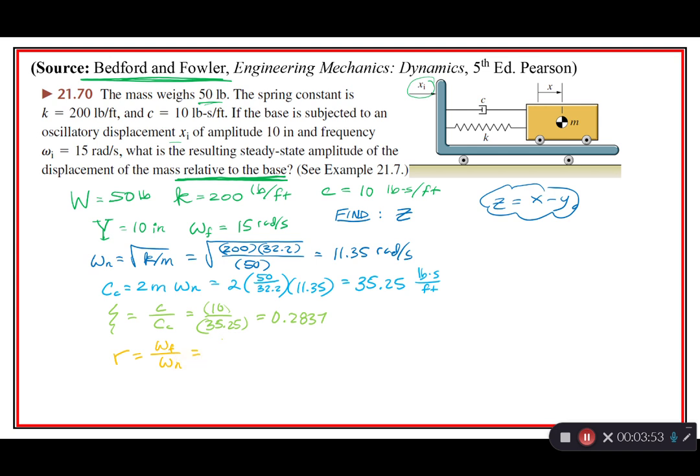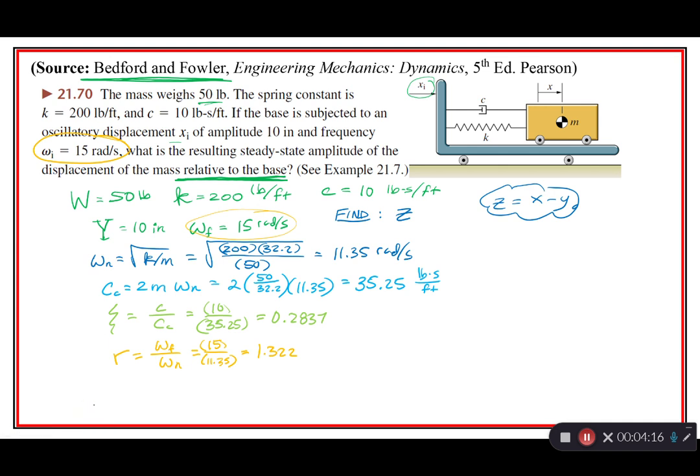Where do we get omega F? Right up here. Oh, we also wrote it right there. 15 over 11.35. And I can also just look at my page because I have it written down right here in front of me. 1.322.